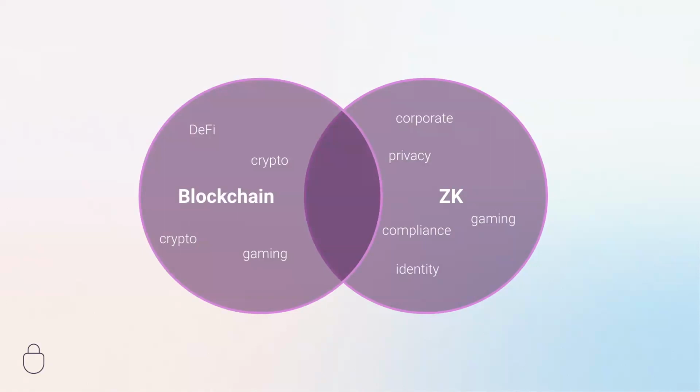I put crypto twice because everyone talks about crypto so much that it deserves to be here twice. But we all know that blockchain is much more than this, and ZK is also much more than this. So we want Noir to tackle both spaces, the ZK space and the ZK and blockchain space. As I was saying, the Web2 world is very interesting for us as well, and we want to tackle that too.